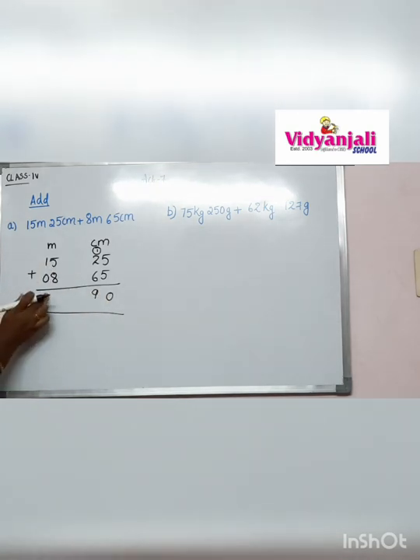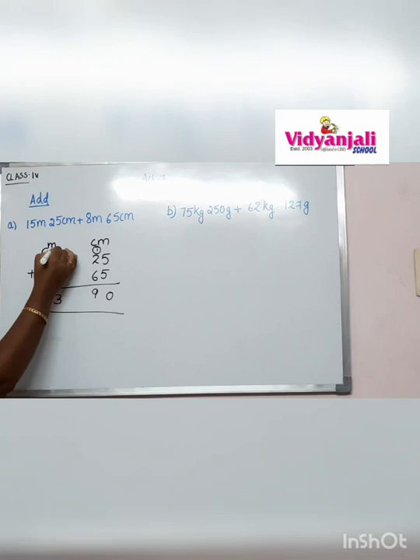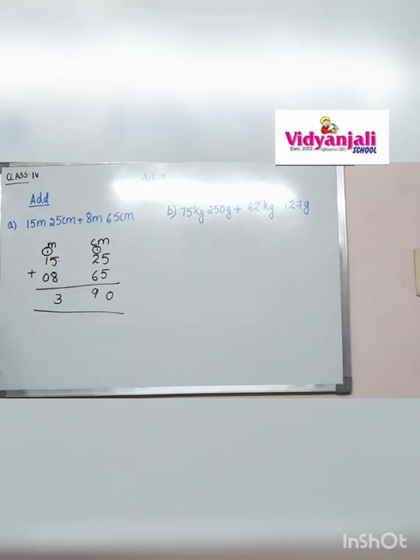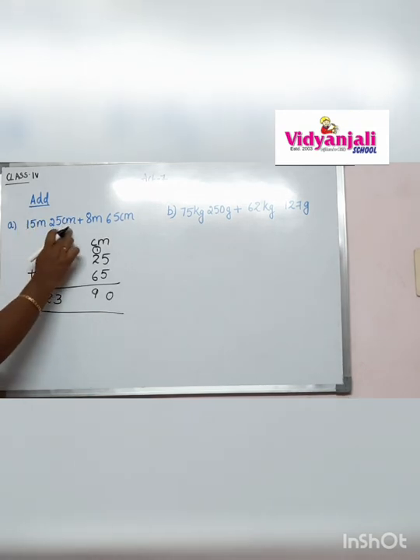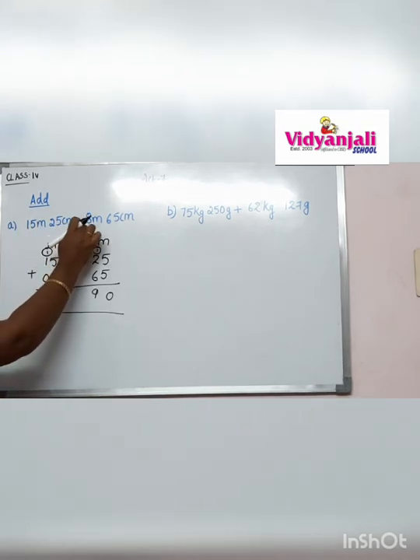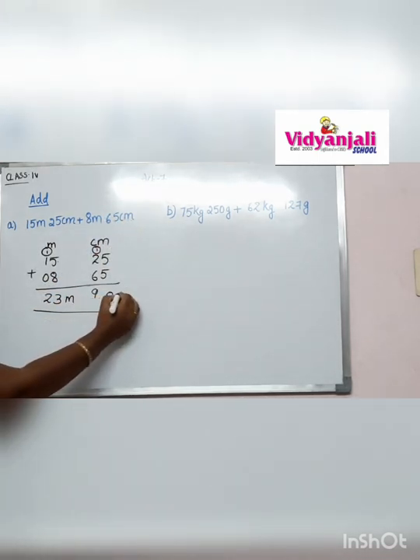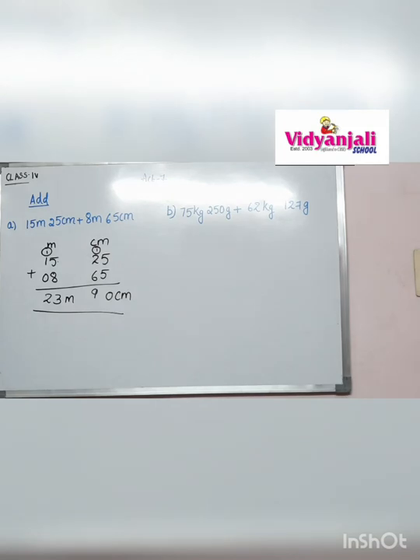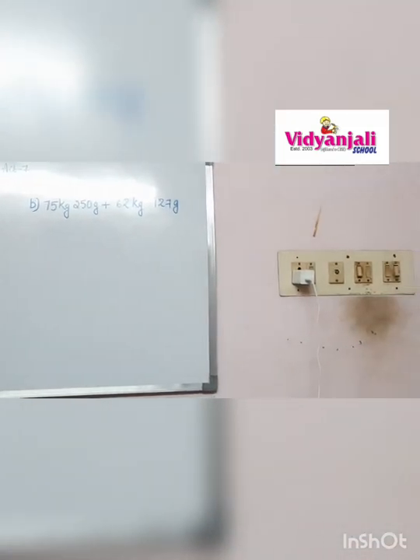Coming to the meter side, 5 plus 8 is 13, so 3 here and 1 carried forward. 1 plus 1 is 2. Therefore, by adding 15 meters 25 centimeters and 8 meters 65 centimeters, the answer is 23 meters 90 centimeters.